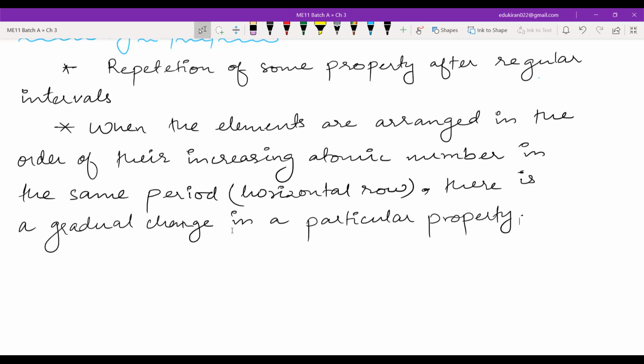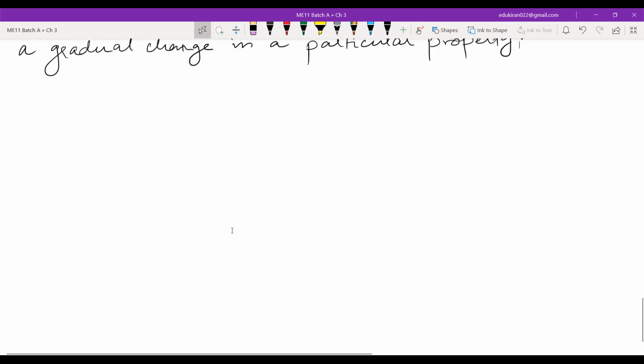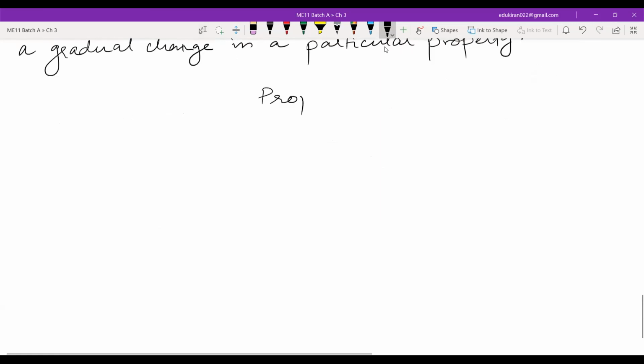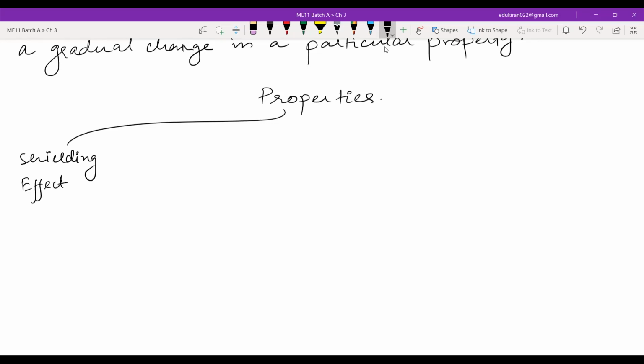Let me know if you're done. Done, sir. Okay. So we'll learn a few properties. First we will learn about shielding effect or screening effect.